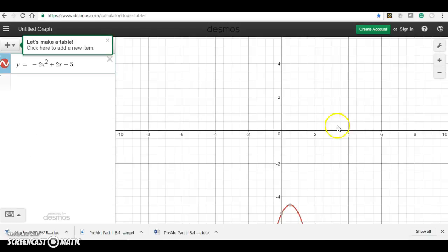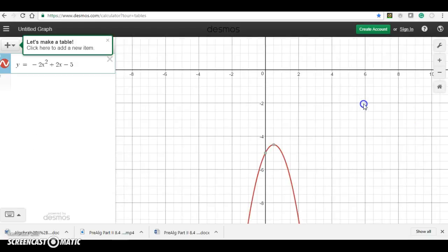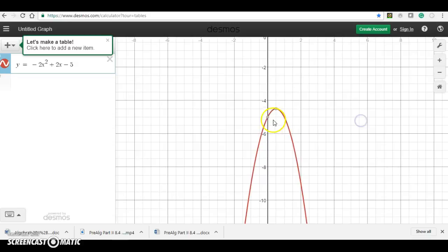And again, my graph helped me to verify that. I see here's at 0, negative 5, 0.5, negative 4.5. Here's my other point right here. Yep, 1, negative 5. So I hope that this helps.